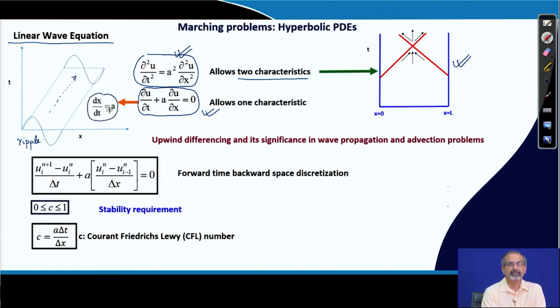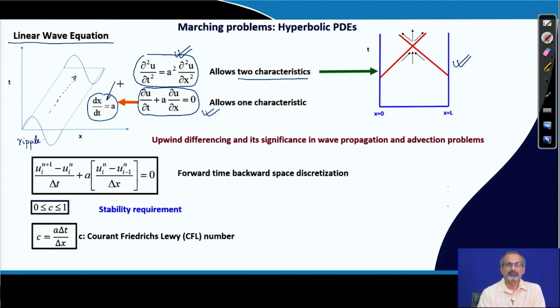If you have the wave speed defined through that medium as a, then dx/dt equal to a is going to be the equation of that characteristic. This is the idea of the linear wave equation.